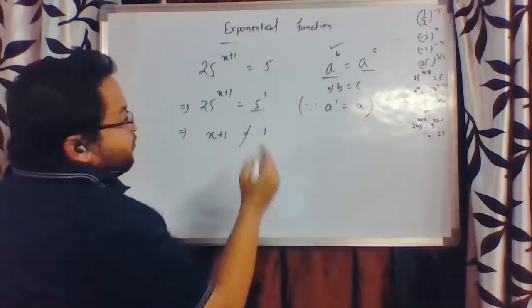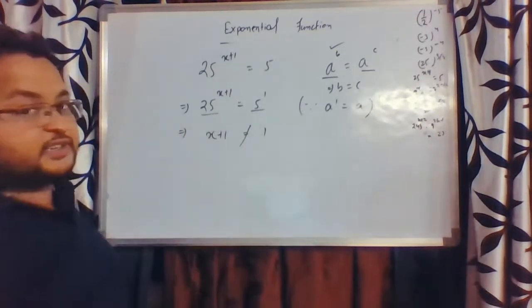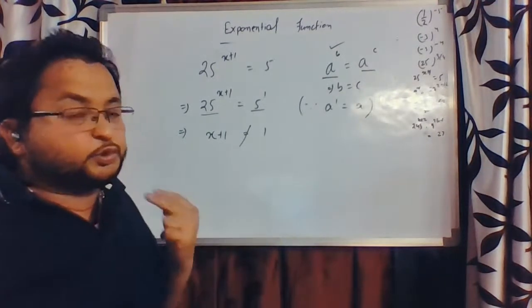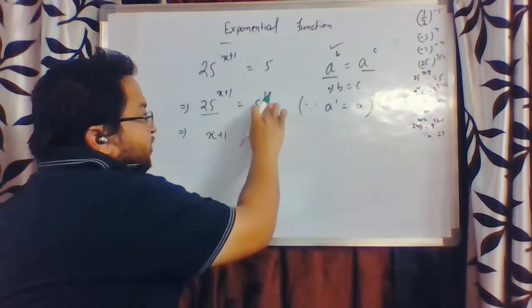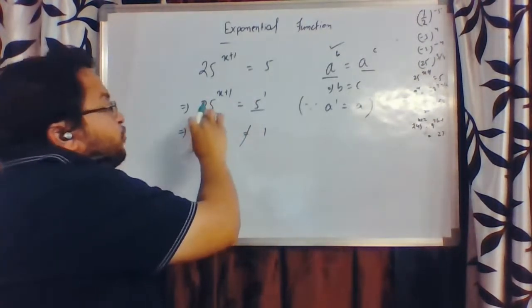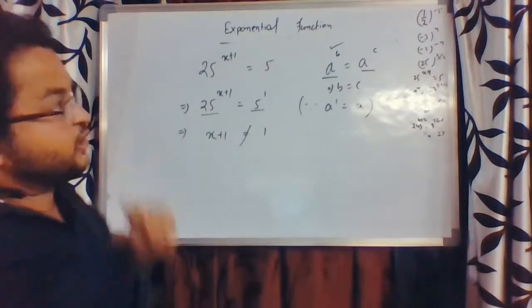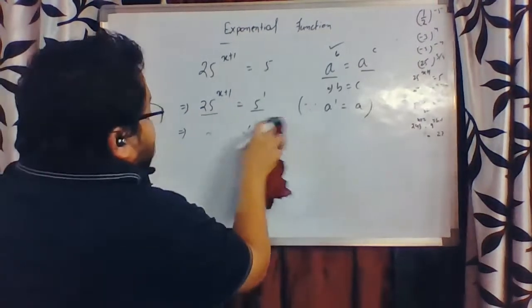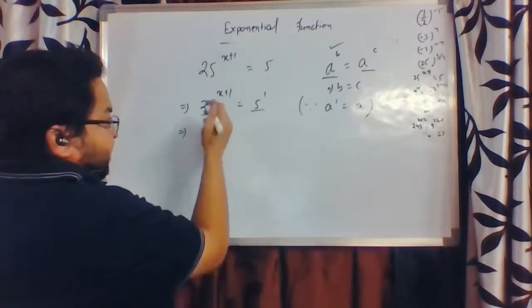Because the base on my right hand side is 5 and the base of my left hand side is 25. So I have two choices. Either I need to ensure that my base on the right hand side also becomes 25, right? Or my base on the left hand side should become 5. If I can do that, then only I can apply the next method, or the laws that we have studied. So let me take the simpler route.